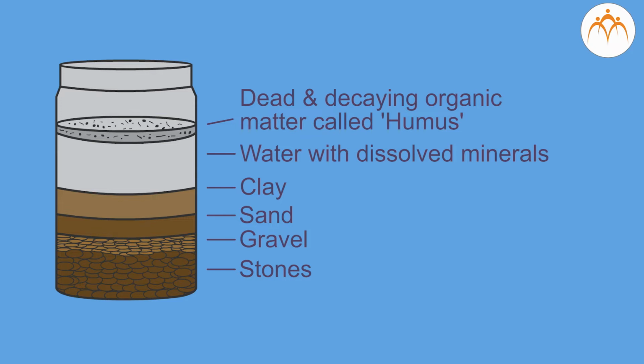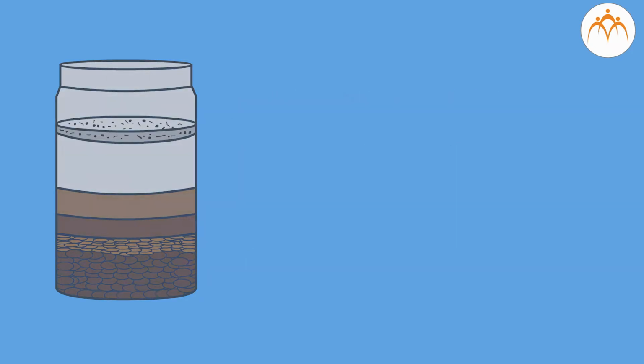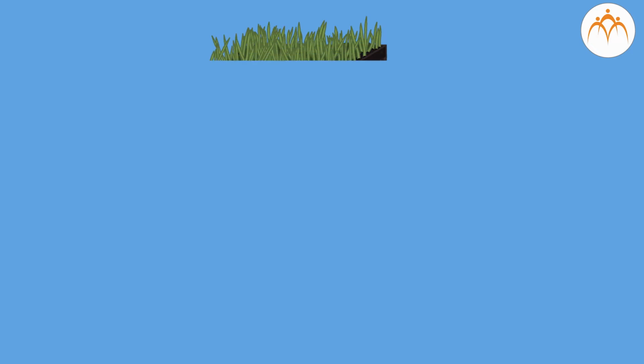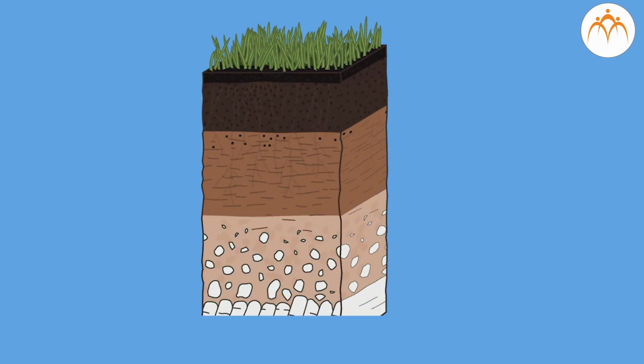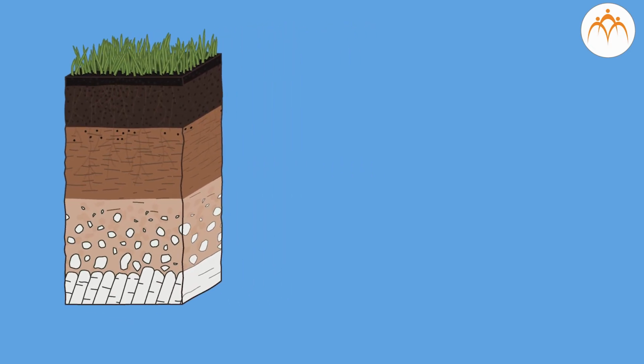Imagine that we are digging deep down into the soil. As we travel downwards from the topmost layer, we go on discovering different layers or horizons one below the other. The topmost layer visible to us is called humus. It is composed of organic matter that gets decomposed due to the water and microorganisms and other organisms like earthworms.